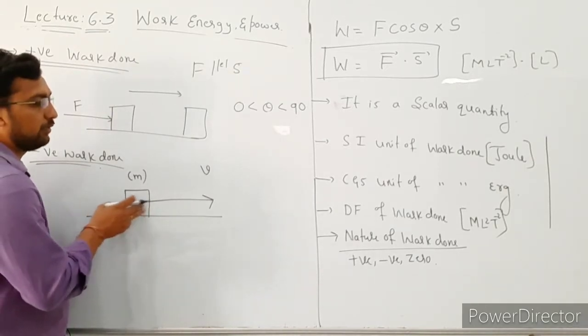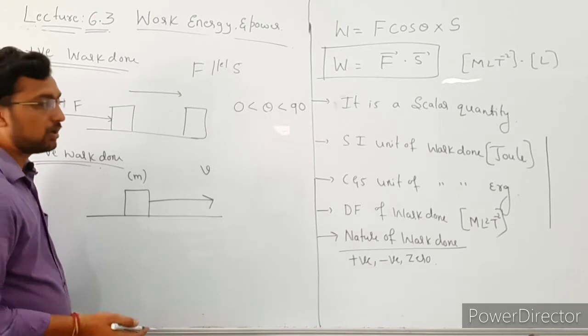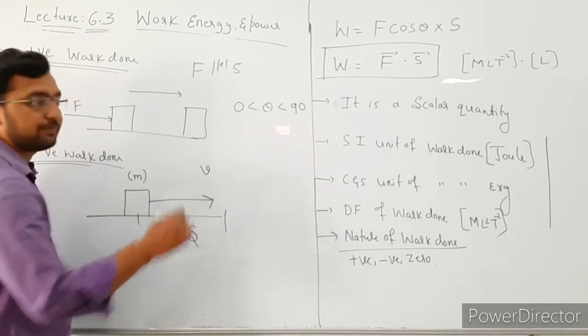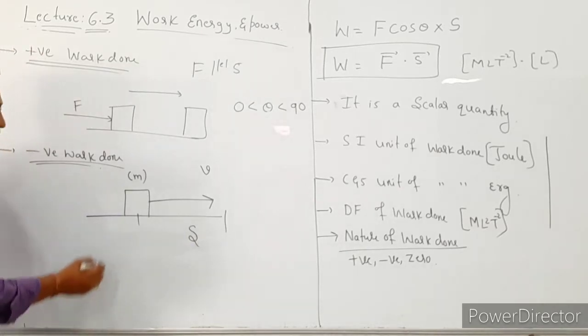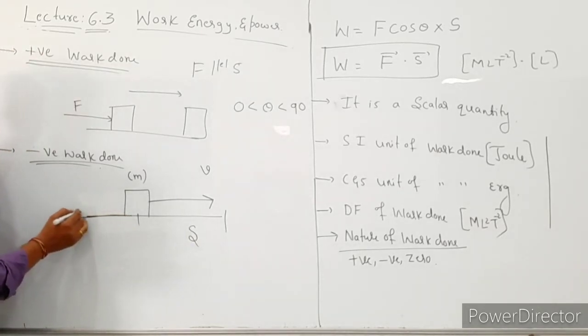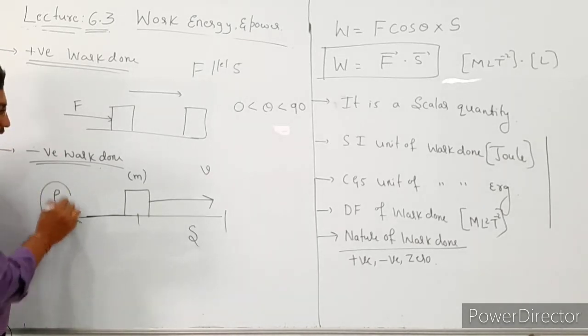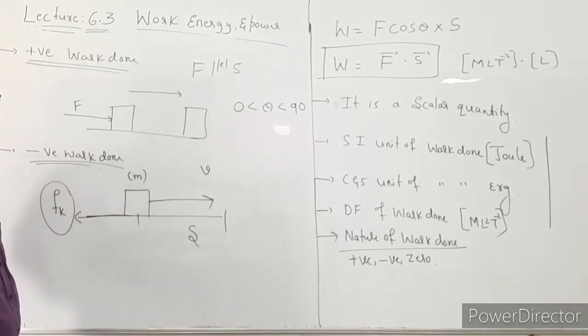The block starts moving in this direction with some velocity v, and it covers some distance s. Then the friction force acts between these two surfaces in the opposite direction. So the kinetic friction is acting in this direction. Then the work done by the friction force on this block is negative.